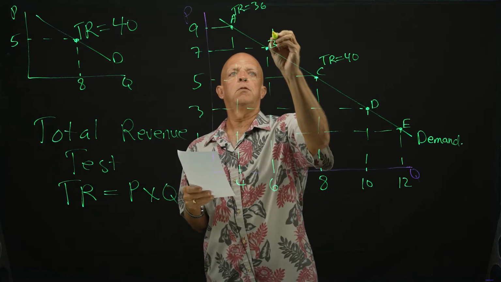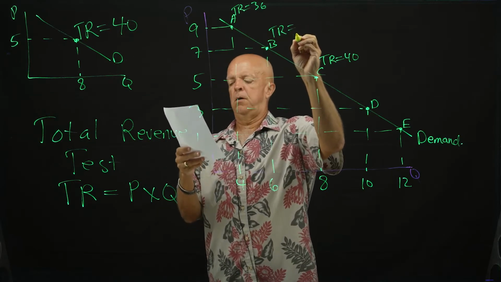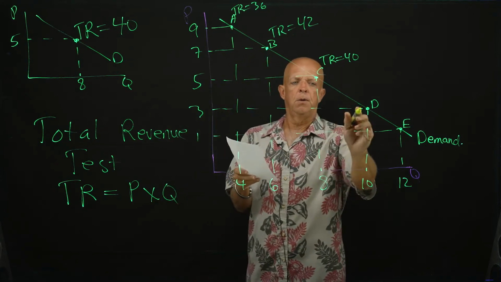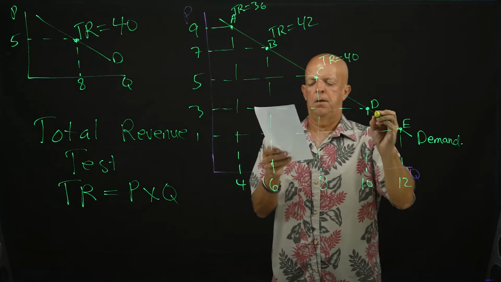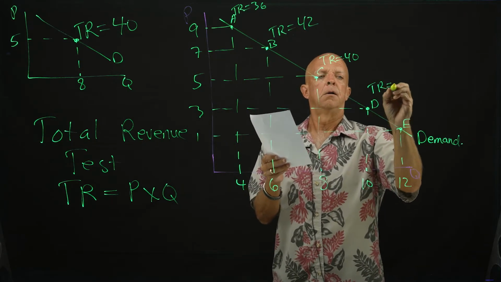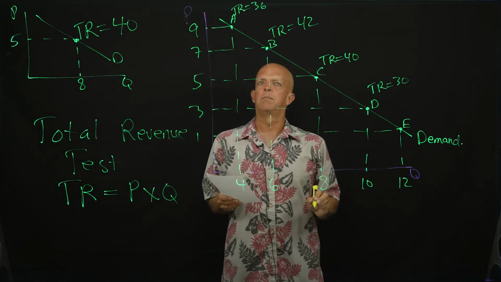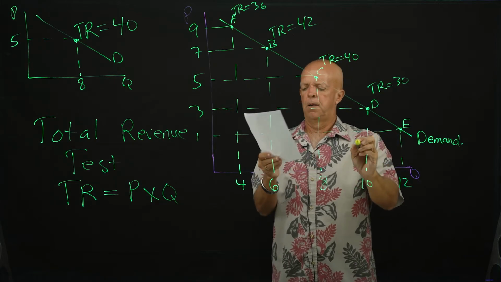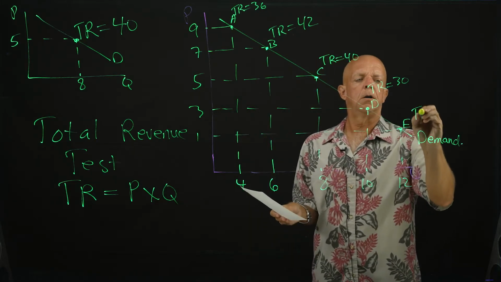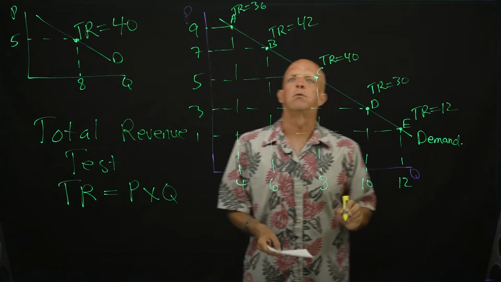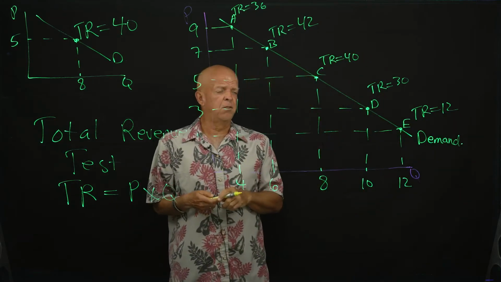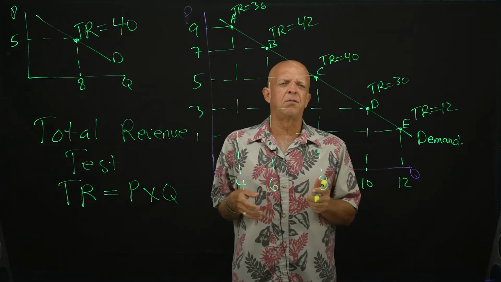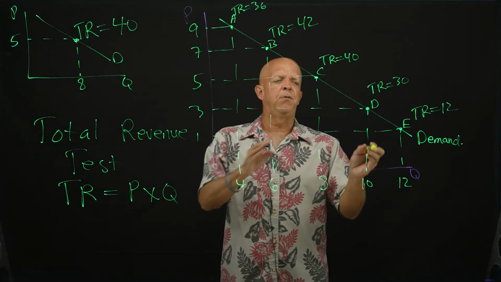Seven times 6, TR 42. 3 times 10, TR 30. And then 1 times 12, TR equals 12.